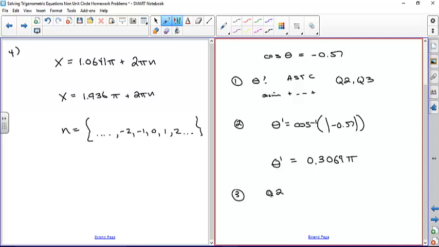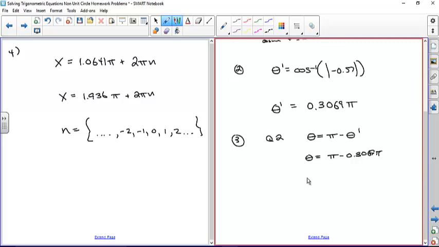My quadrant 2 solution, theta is equal to pi minus theta prime. So we get theta equals pi minus 0.3069 pi. So I'm taking 1 minus that. 1 minus 0.3069 is 0.6931 pi.